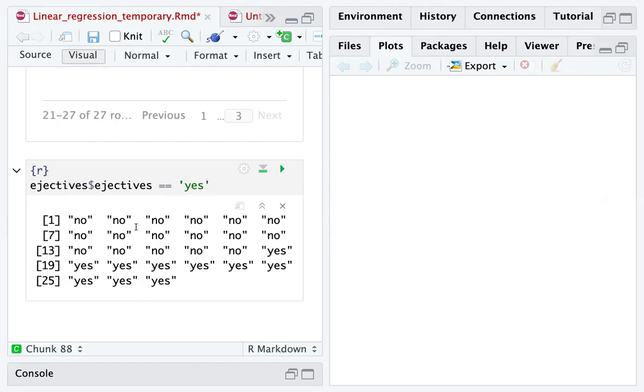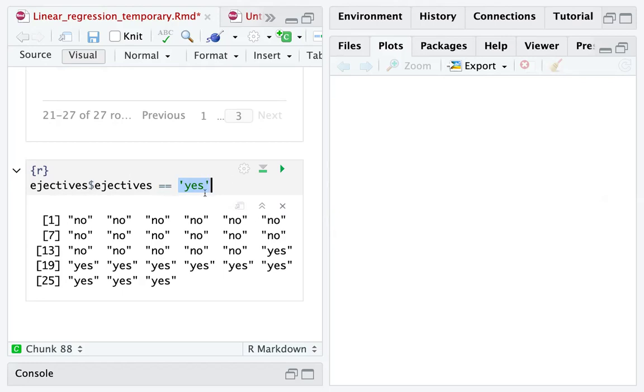So again, R is a vector language, so this operation, equal equal, will act on each component of the vector, and this yes will be recycled.